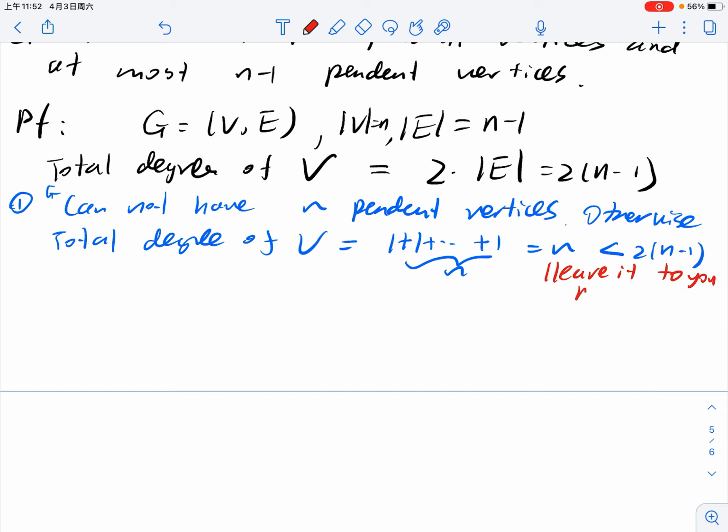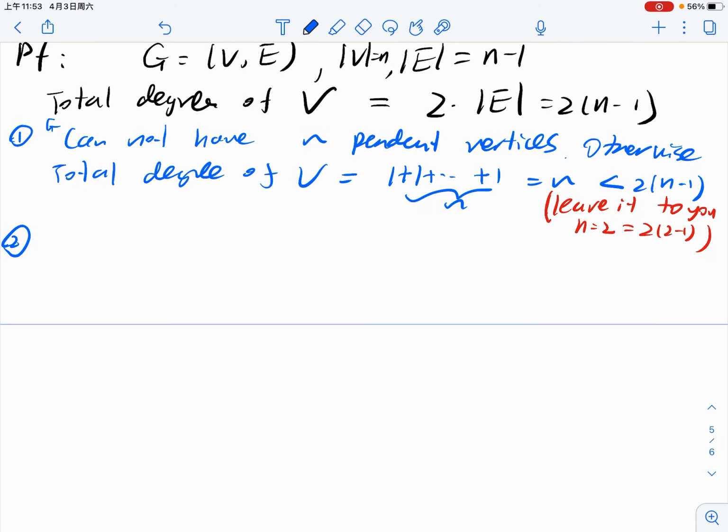When n equals 2, the inequality can actually be an equality, so you need to exclude this case. It's not a big issue because when n is greater than or equal to 3, this never happens.